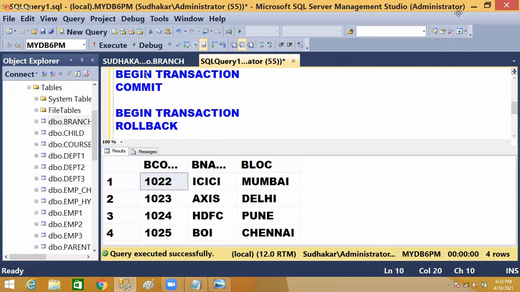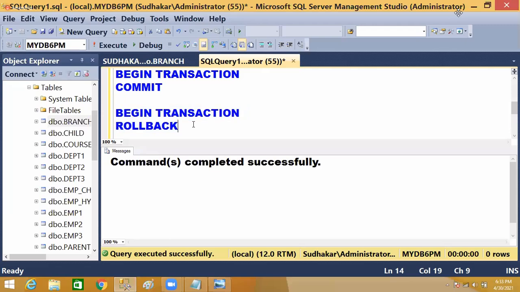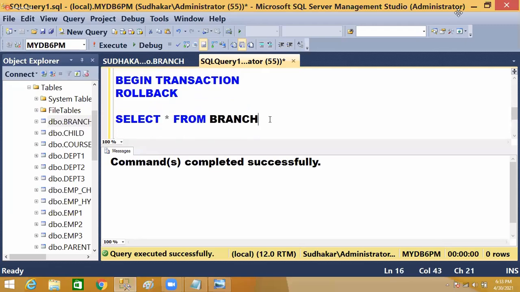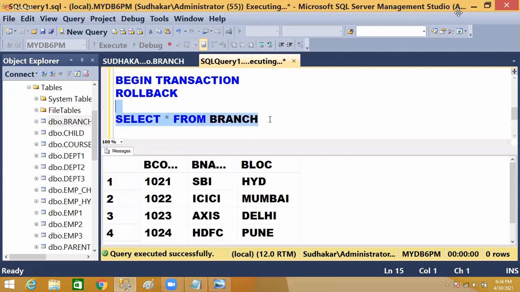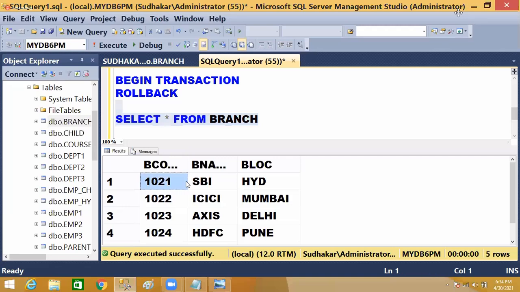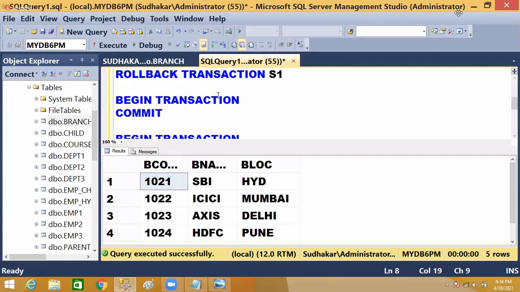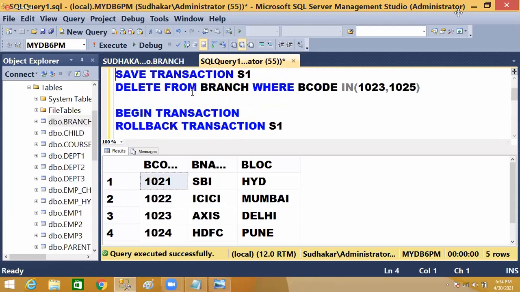But when I do begin transaction rollback after commit, then what happens, you can see. Oh, sorry guys, here actually commit now. Wait. For the commit purpose, there is no need to give a transaction statement, because it is within the transaction, right? Now we can come out here.